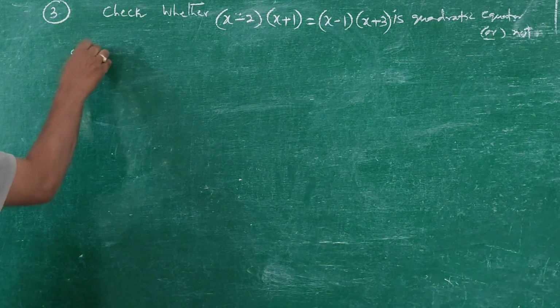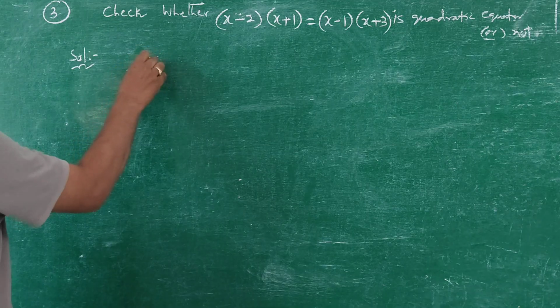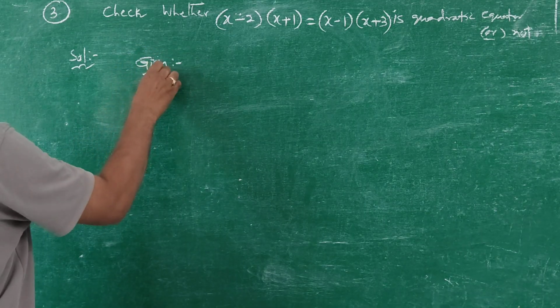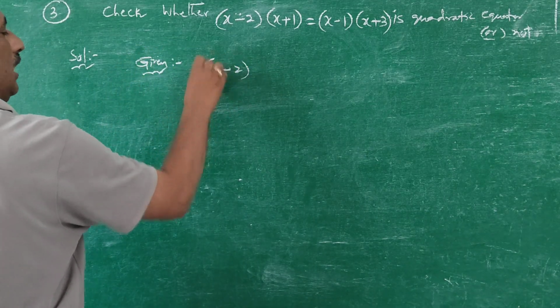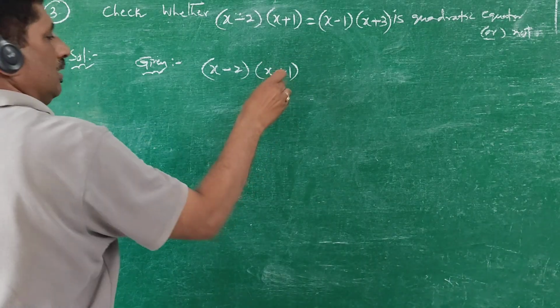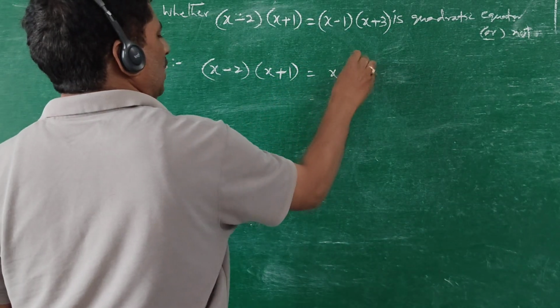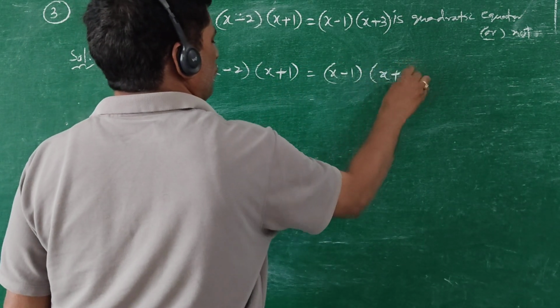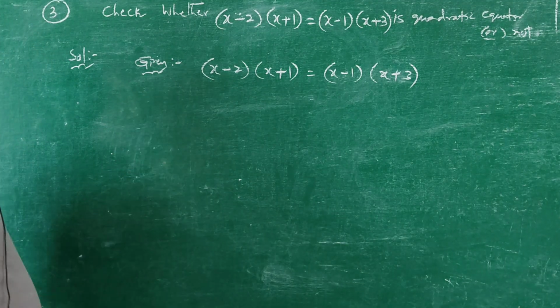Solution again. The given equation is x minus 2 into x plus 1 equals x minus 1 into x plus 3.